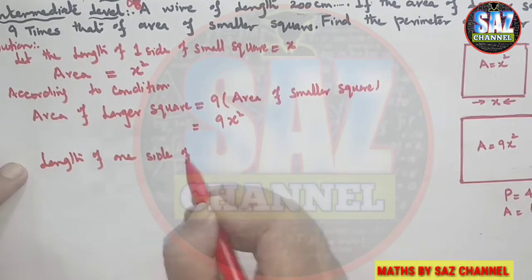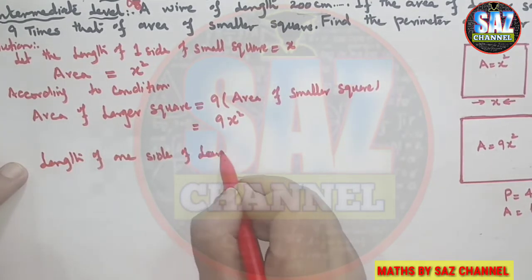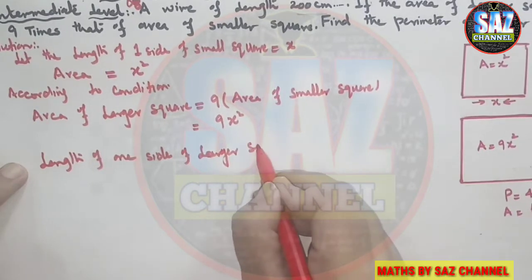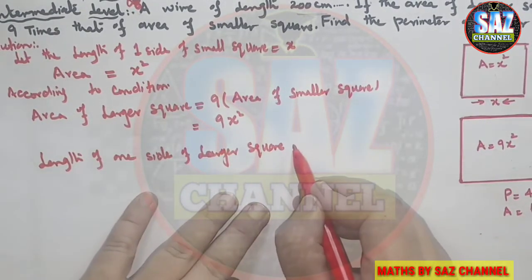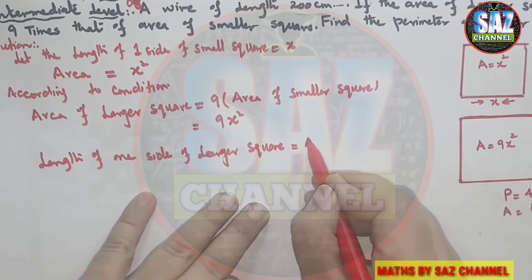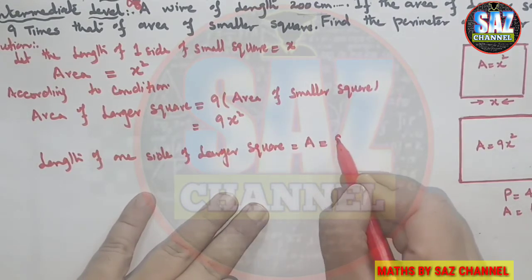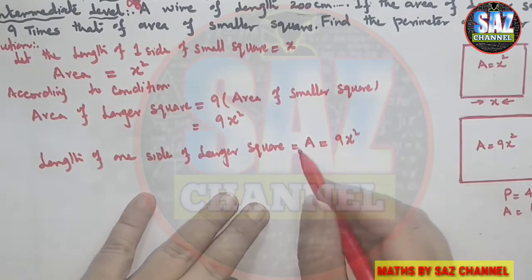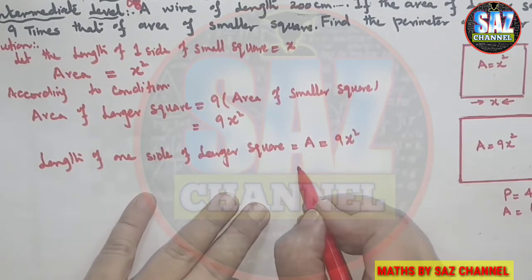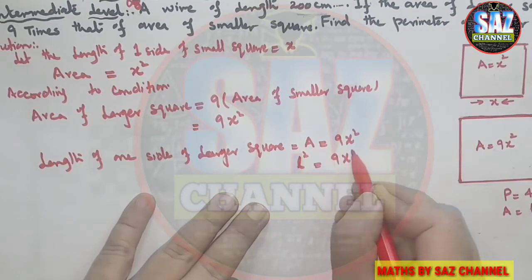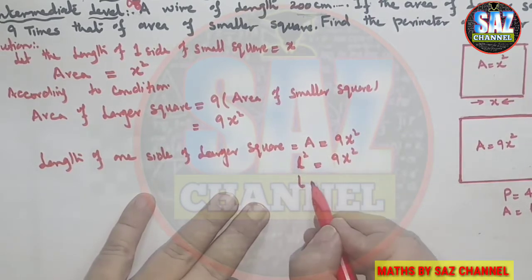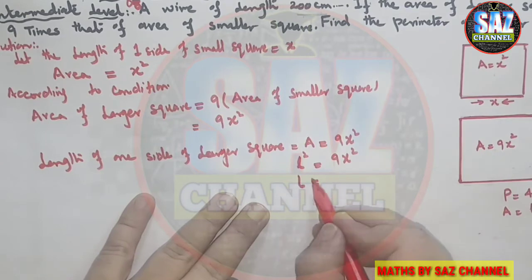Area is the square of the length, L square equals 9x square. I have to take the square root on both sides and it will become 3x whole square.